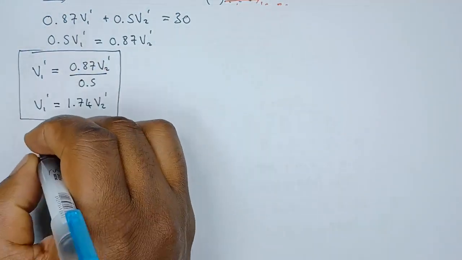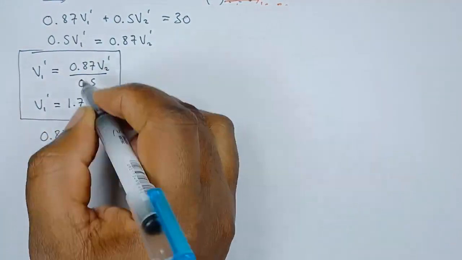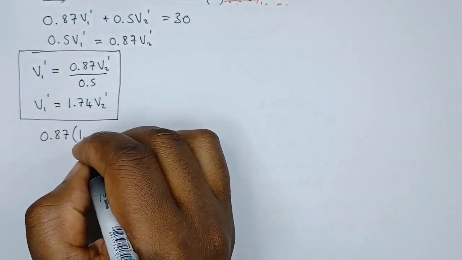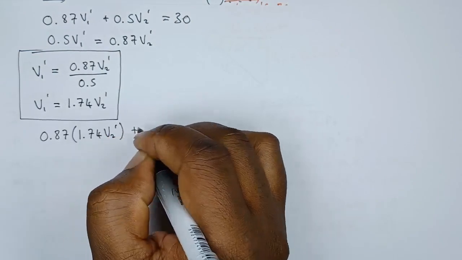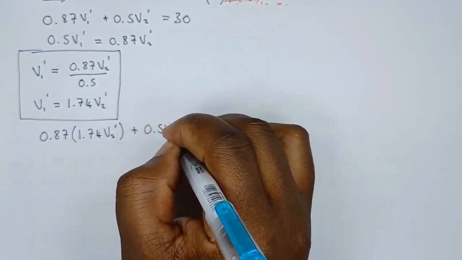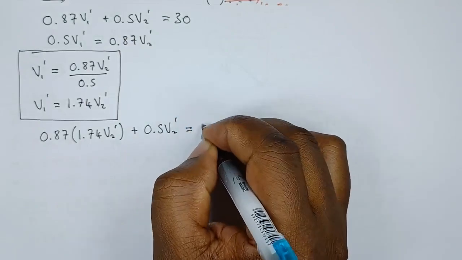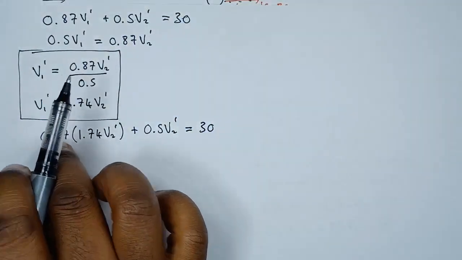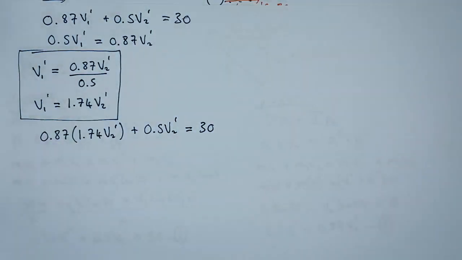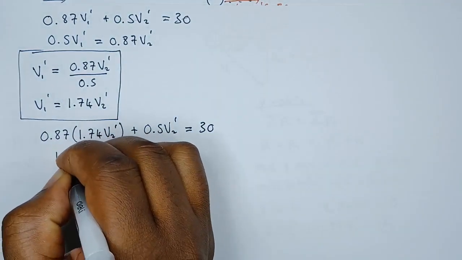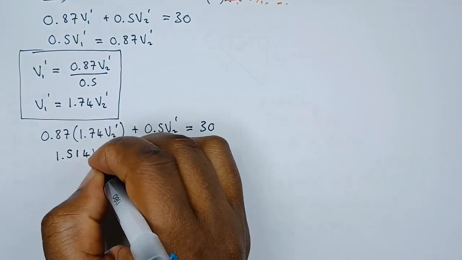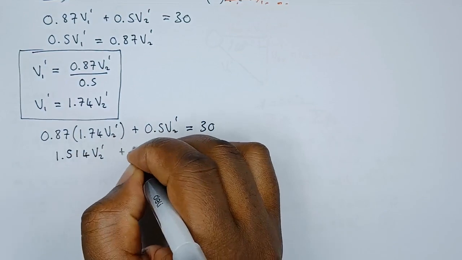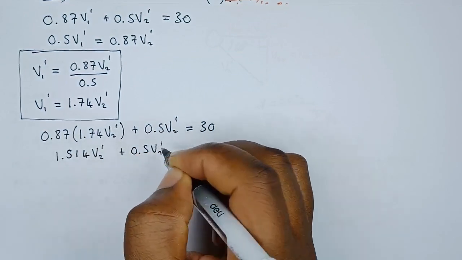Here, where there's v1 prime, we'll put 0.87 times 1.74 v2 prime, plus 0.5 v2 prime. Everything is equal to 30. If we multiply these two values here, I'm getting 1.514 v2 prime plus 0.5 v2 prime.